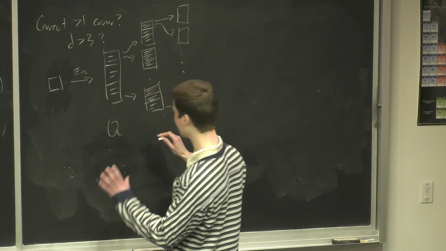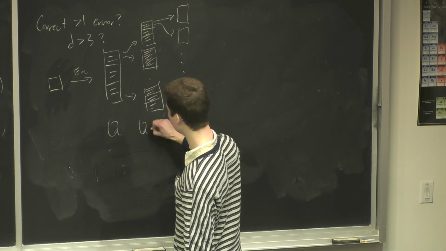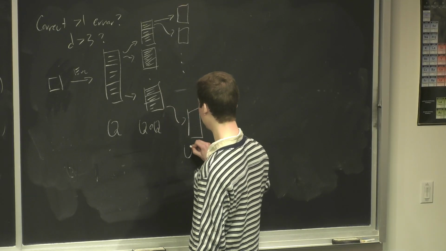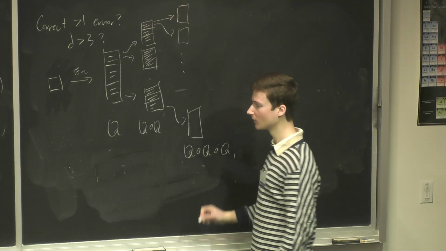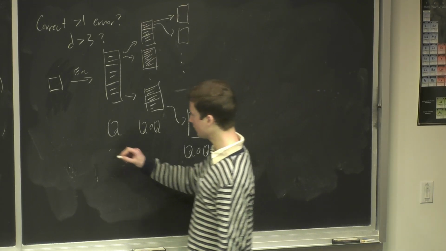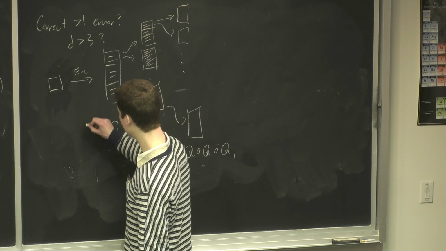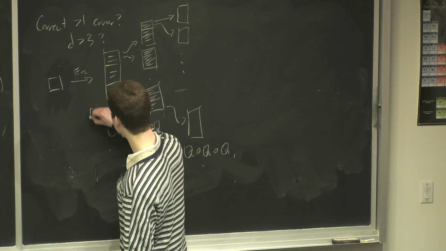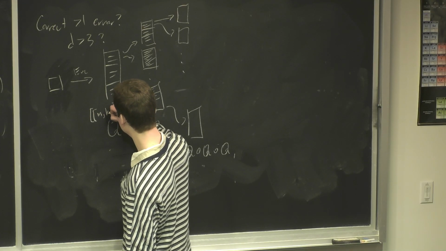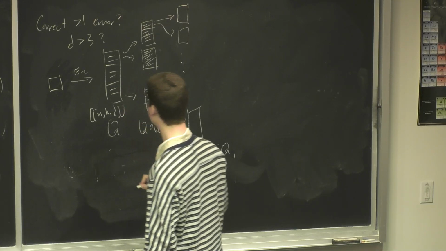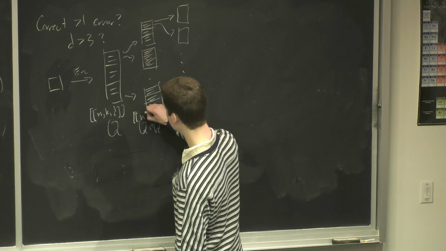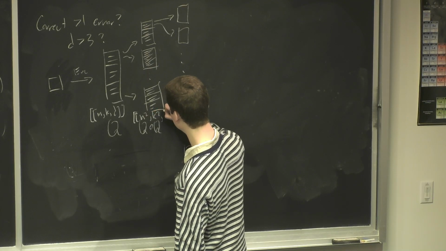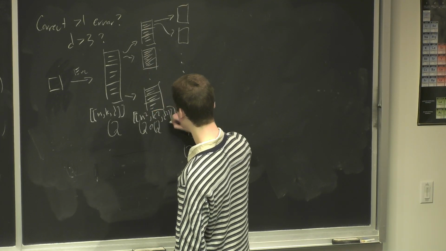This is called concatenation. We can get Q concatenated with itself, and Q concatenated with itself, concatenated with itself again. And it turns out that if Q is an [[n,k,d]] code, then Q concatenated with itself will be an [[n squared, k squared, d squared]] code.